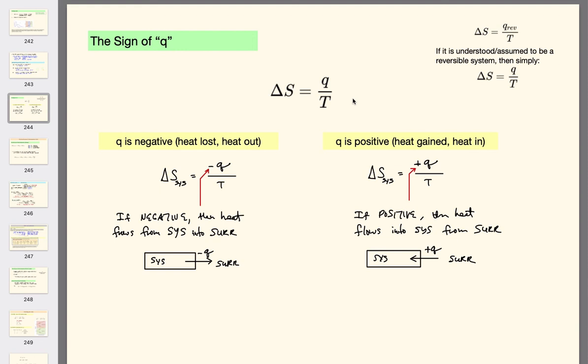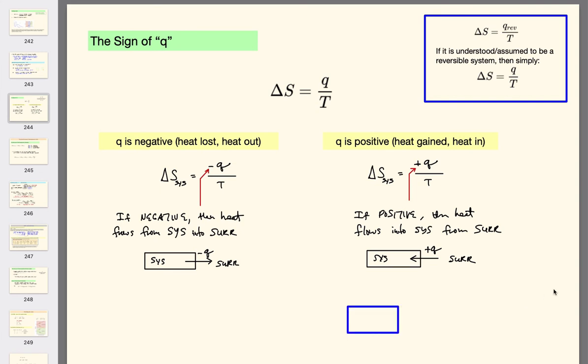Okay, if we have a reversible... I've got to do an aside from where I'm going here. And I think we might have talked about this a little bit last time. But this Q reversible. Remember, if Q is reversible, it's a smooth change. It could be thought of as kind of sort of being at equilibrium.